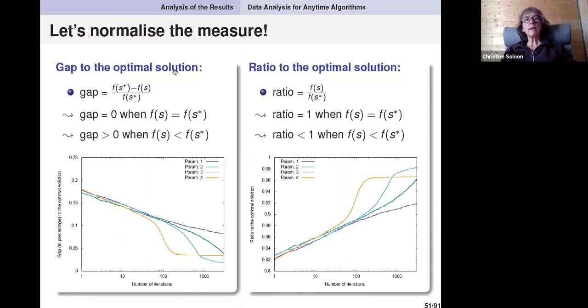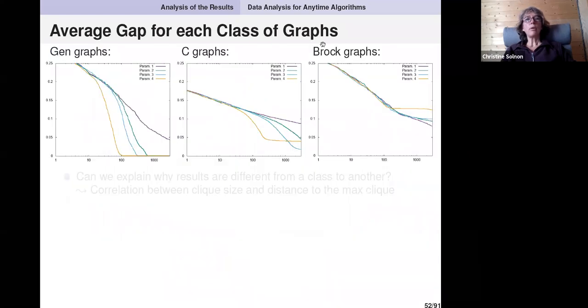So now that I have normalized the measure, I can compute the average expected quality with respect to the evolution of time. And I do this separately for each class of graph, because I observe that the results are quite different when I change the class of the graphs.